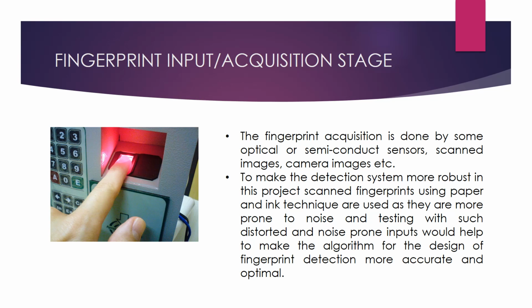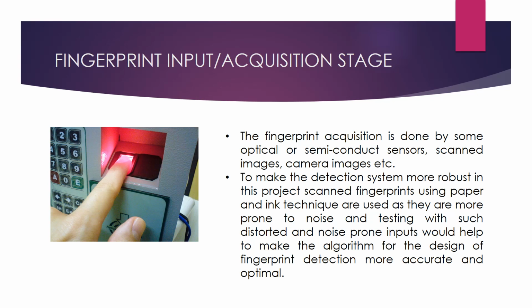So now the fingerprint input or acquisition stage. The fingerprint acquisition is done by optical or semiconductor sensors, scanned images, camera images, etc. To make the detection system more robust, in this project, fingerprints scanned using the paper and ink technique are used as they are more prone to noise, and testing with such distorted and noise-prone inputs would help to make the algorithm for the design of the fingerprint detection more accurate and optimal.